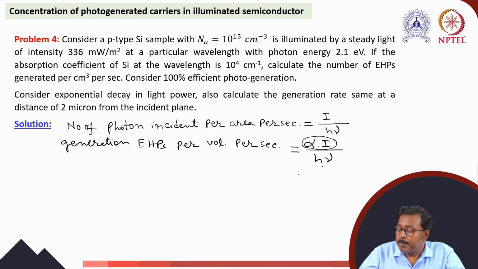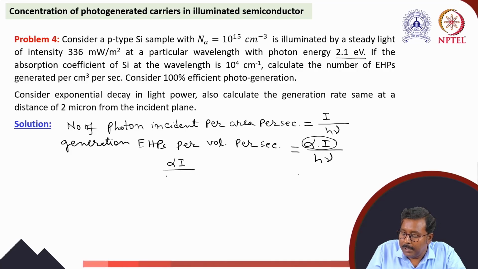Now the question is, h nu generally is given in electron volt. So be careful, you have to convert this electron volt to joule when you divide. So you get alpha I by h nu in eV into 1.6 into 10 to the power minus 19.